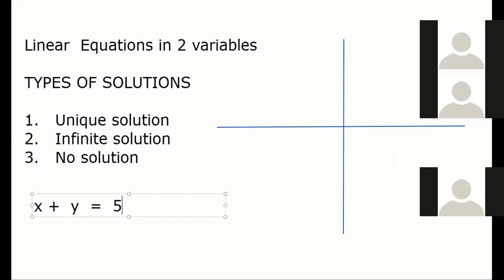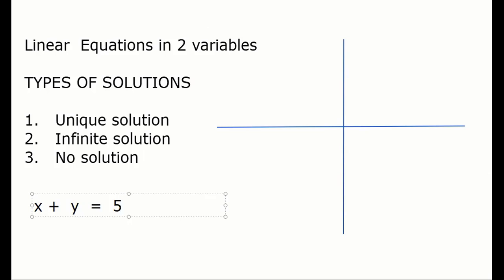When I draw this on a graph, will it be a curve or a straight line? Every linear equation would be a straight line. We discussed how to draw in our last class. Yes, if you draw any linear equation on a graph, it will be a straight line.